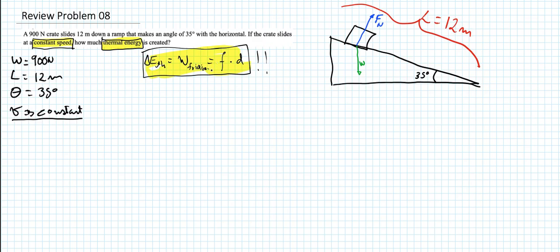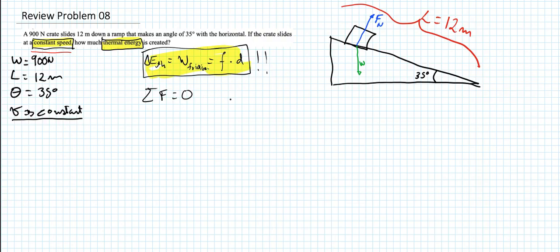Well, this problem gave us a hint. The hint I'm talking about is the constant speed. If you remember, guys, Newton's first law: when the sum of all forces equals zero, that means we don't have acceleration, and that means constant speed.